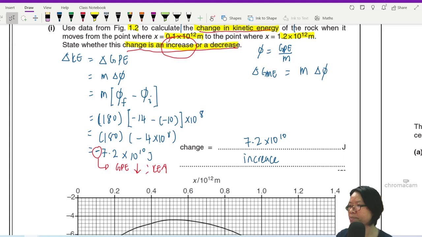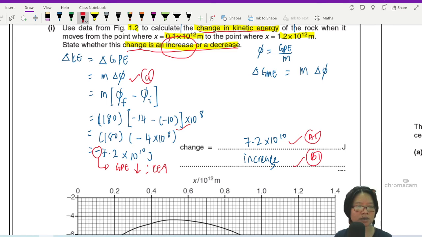So normally, the kind of question that they will ask you, if they give you a graph, it's a bonus level. Okay, so this is increase. So 3 marks. 1 mark is when I see M change in potential. This is C1. You substitute correctly and you get this one is A1, and then this one you write increase is another 1 mark.